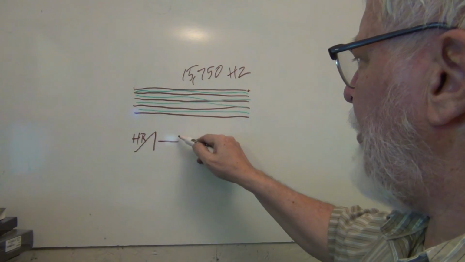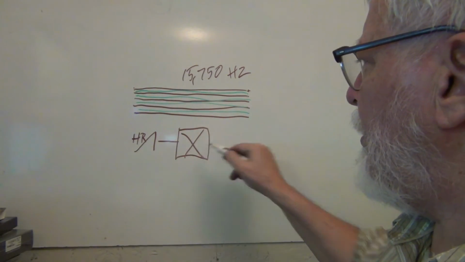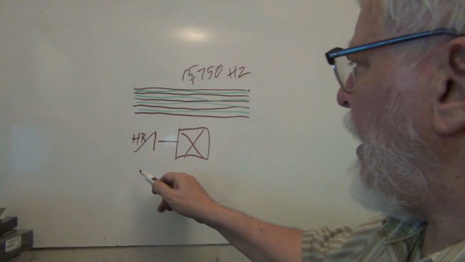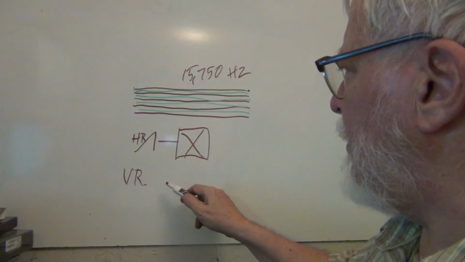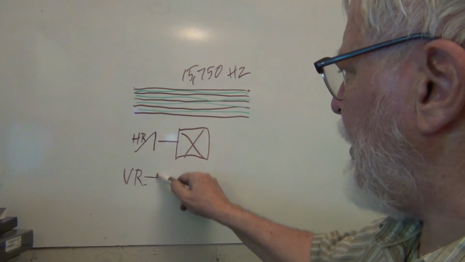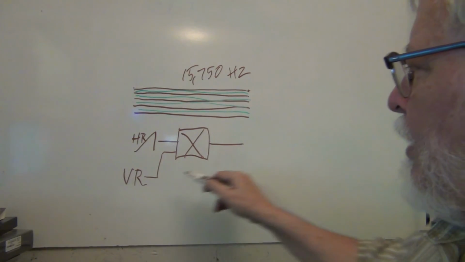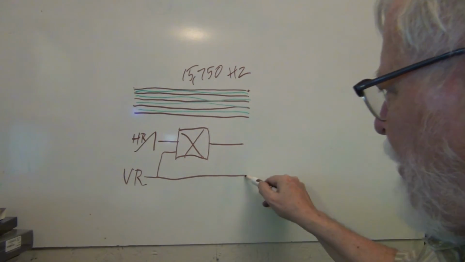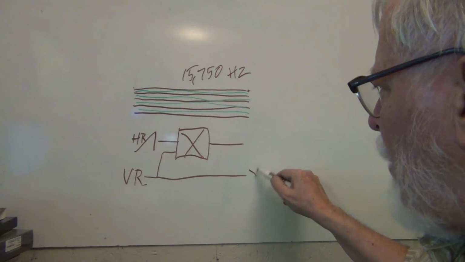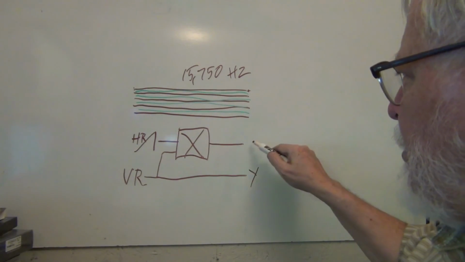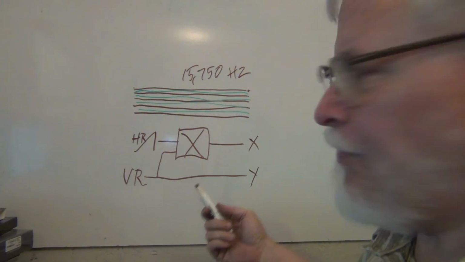So the horizontal ramp, if we feed that to a multiplier, and then if we feed the vertical ramp to the other input, then if we also feed the vertical ramp to the Y deflection of the CRT, and this goes to the X deflection of the CRT, what's going to happen?